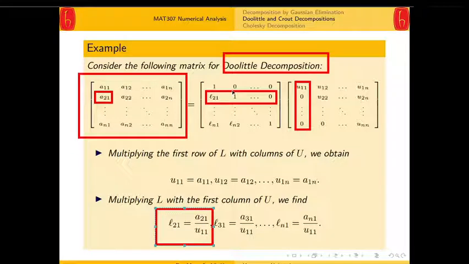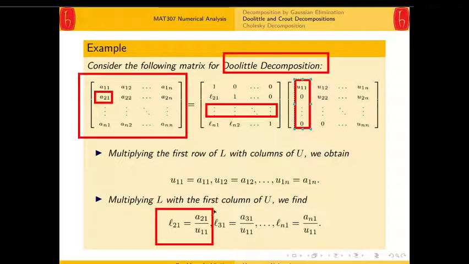And also, if you multiply the next one with this one again, then L31 times U11 will be equal to A31.